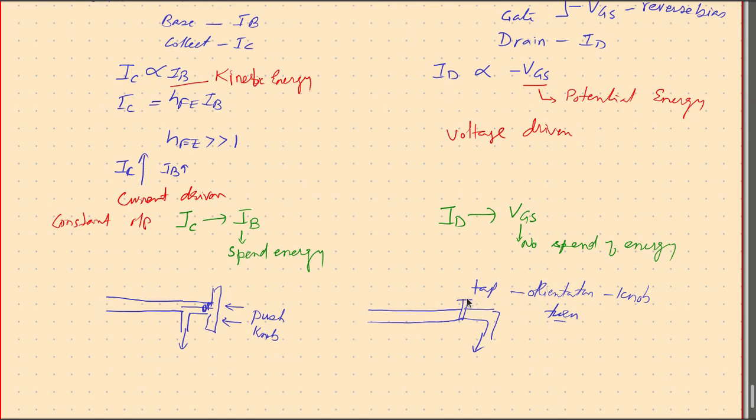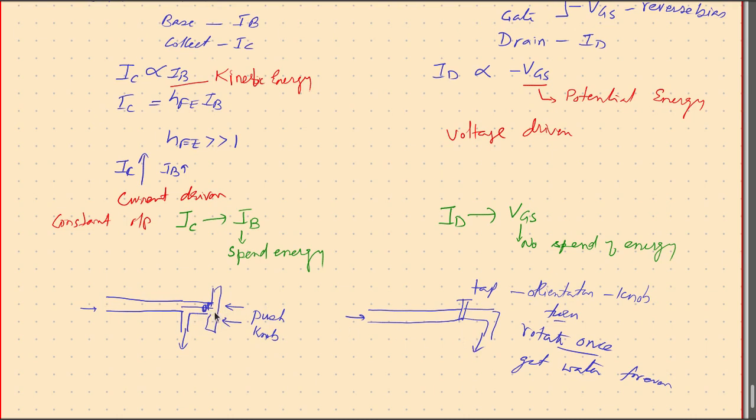So spend energy just to rotate it once. Rotate once, get water forever. If you want water forever here, make sure to push this forever. So that's the difference between the working of this tap and this tap.